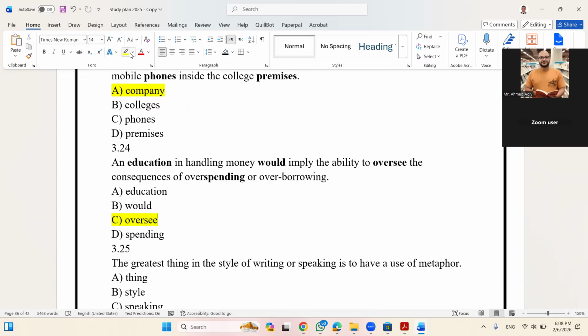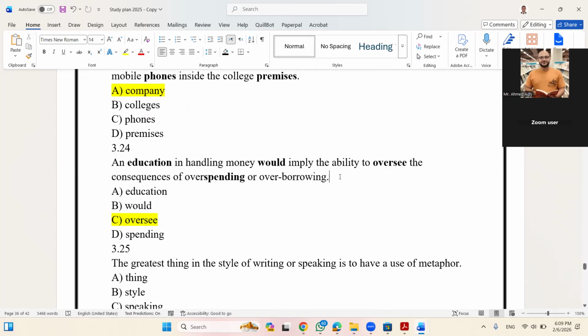And by the way, ability to oversee, this type of question is so hard because oversee fits the context here. Oversee means supervise, but unfortunately, we don't say supervise consequences. ما بنقول دايما ان احنا بنشرف على النتائج.